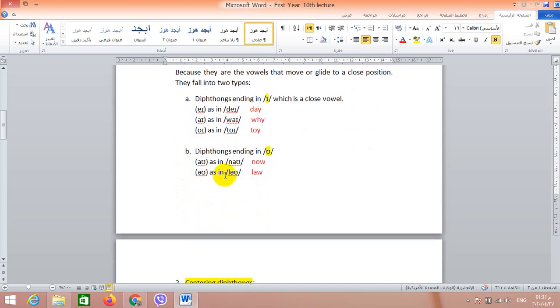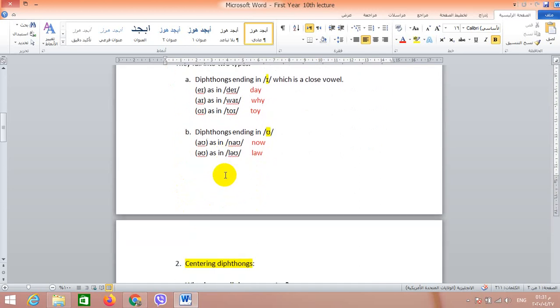And we have another kind, as I said, which is the one in which we have a movement to U, like ow, as in now, and O, just like the word low.